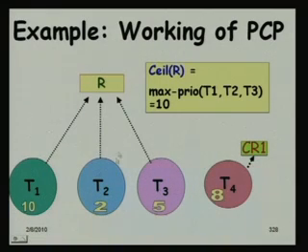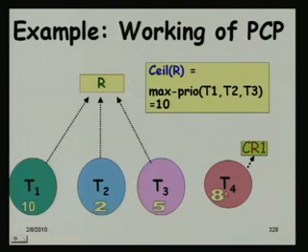R is used by T1, T2, T3, and T1's priority is 10, T2 is 2 and T3 is 5, and let us assume that the higher priority value indicates higher priority, which is a Windows convention. Now, the ceiling priority of R will become 10 in that case, is not it? That is the highest priority among these three tasks.